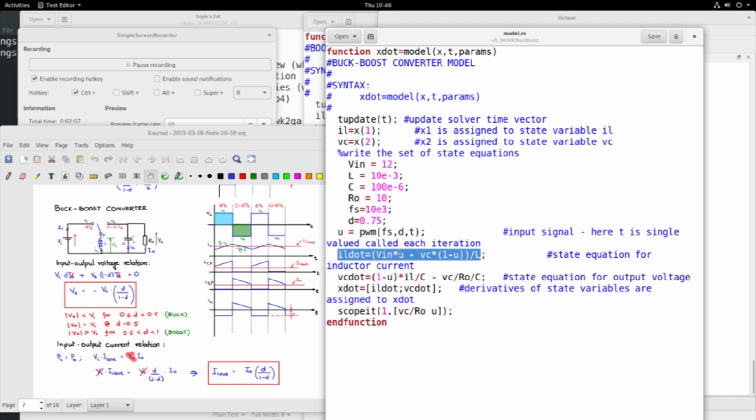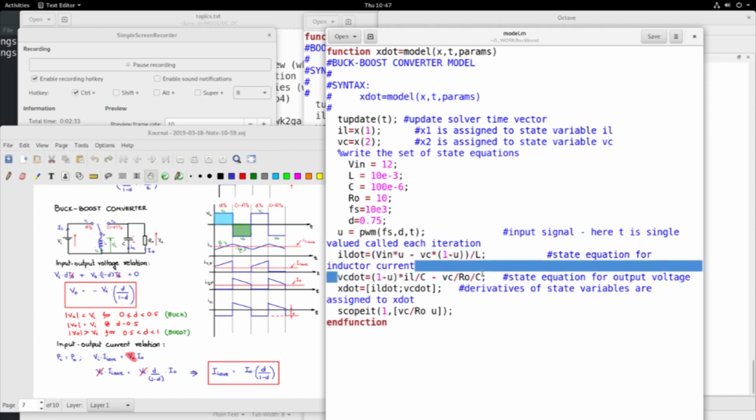So therefore V in into U. U is 1 when the pole is connected to T1, and during the time when the pole is connected to T2, the output voltage is negative with the charge polarity as shown here. We have discussed that. So therefore I am using minus Vc during the time 1 minus U.